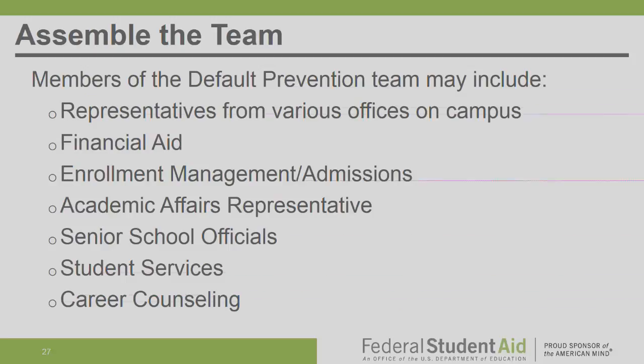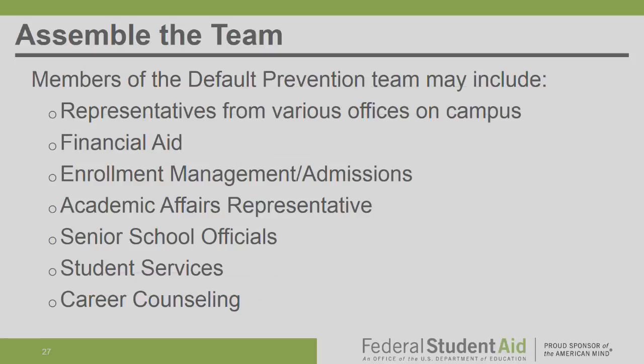So the members of your team are going to include, again, all aspects of your school. Your financial aid office is key, but not the leader necessarily. There is enrollment. You want to make sure that someone on your team is a part of the enrollment office. Academic affairs. We definitely want your senior school officials involved because they're going to set priorities.